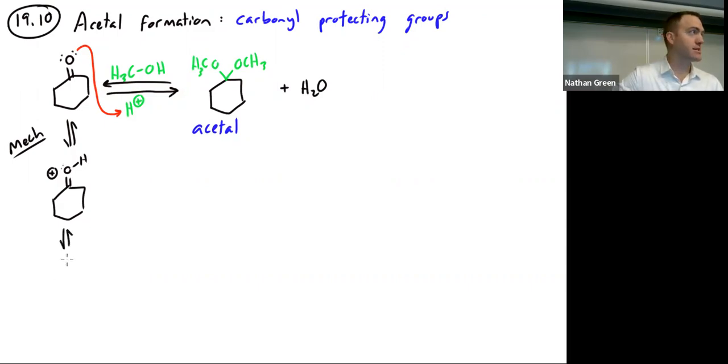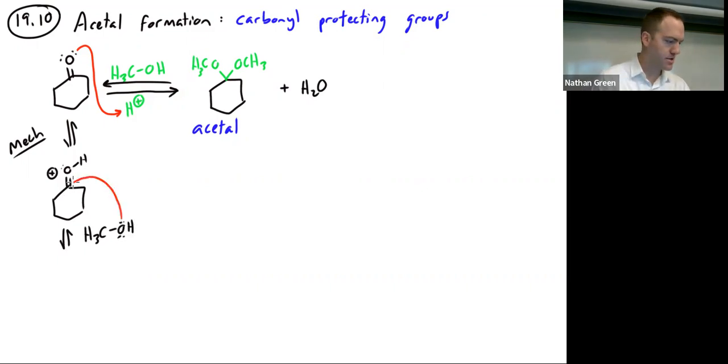When I did this with amines, the next step was for the amine to attack that activated carbonyl. I don't have an amine anymore. Now I have methanol. But if you squint real hard, you can kind of pretend like the oxygen is a nitrogen.